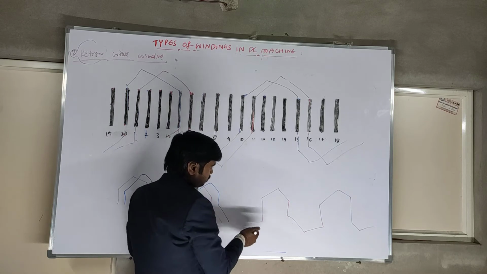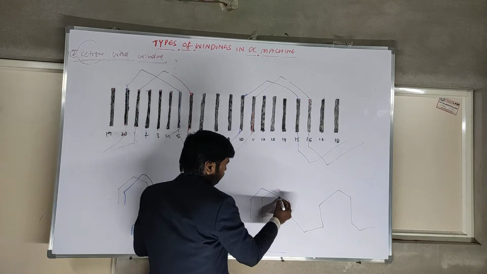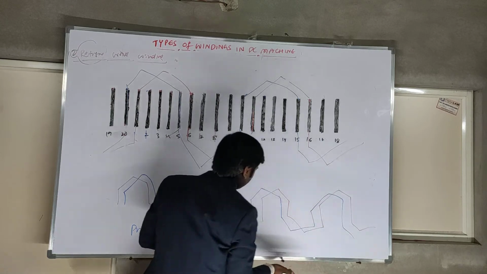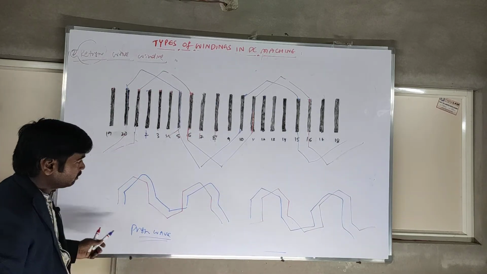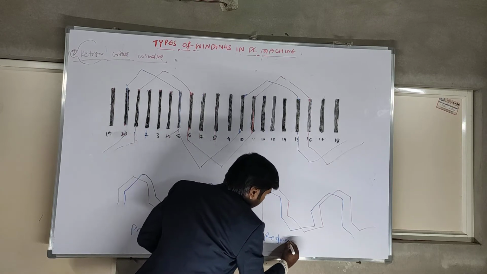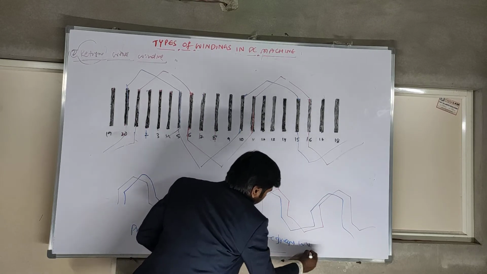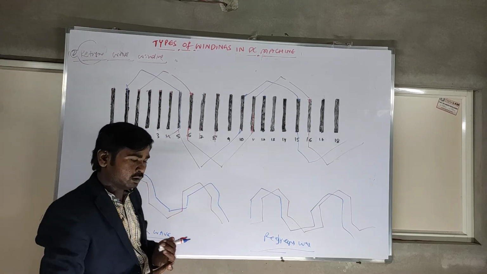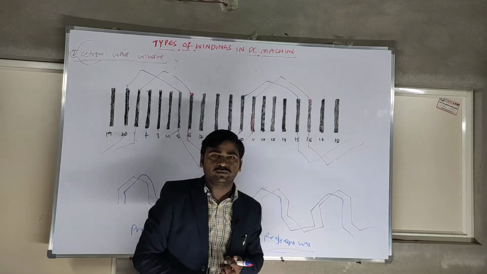Like this, now the conductor should come in the forward direction, sorry, in the reverse direction. Go back, the conductor should connect this way to the second coil. This is called retrogressive wave winding. These are the types of windings: progressive lap, retrogressive lap, progressive wave, and retrogressive wave.